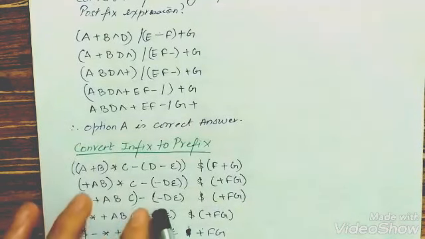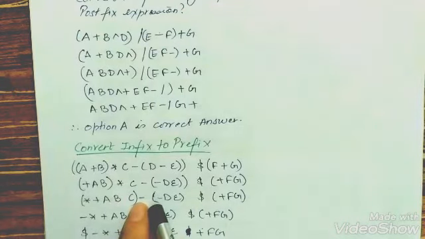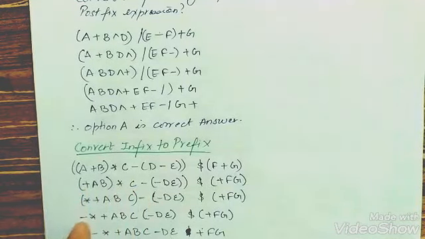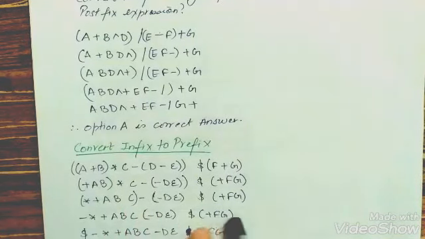Now we are left with minus and this dollar. We know that we are going to solve this minus first. So we take this minus sign and move it to the beginning of our expression because it is prefix. So we get our answer as minus multiplication plus ABC, and this DE comes as it is inside the bracket, dollar and plus FG.